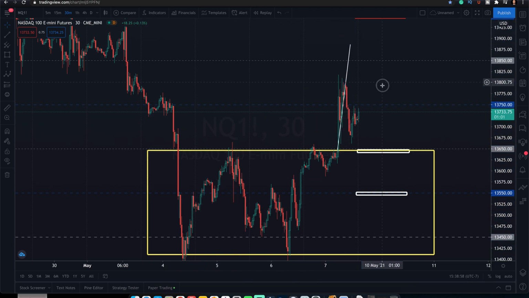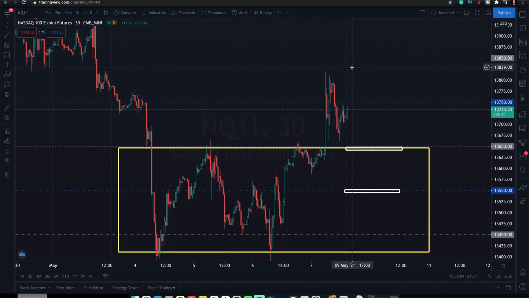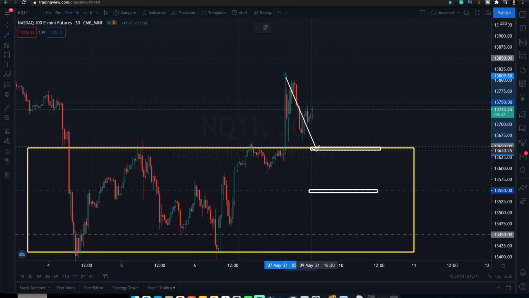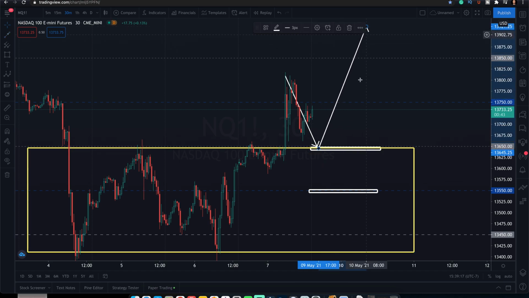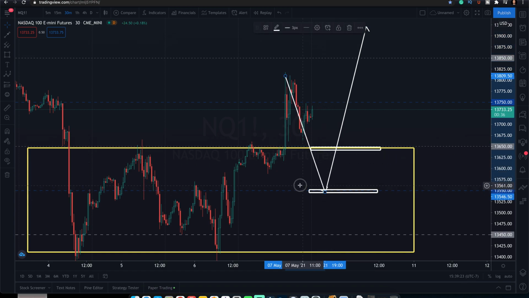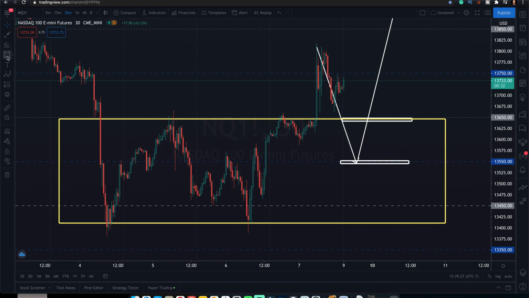So this would take us to about 13,886, but I'm going to show you something else. If we see some kind of a pullback down to the range top, we can expect to see a continuation from here or from this bottom level right here, which, as you can see, has been touched multiple times.